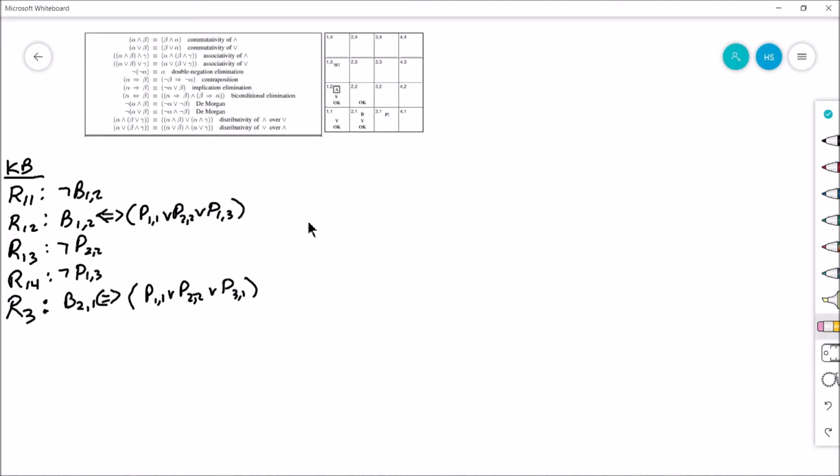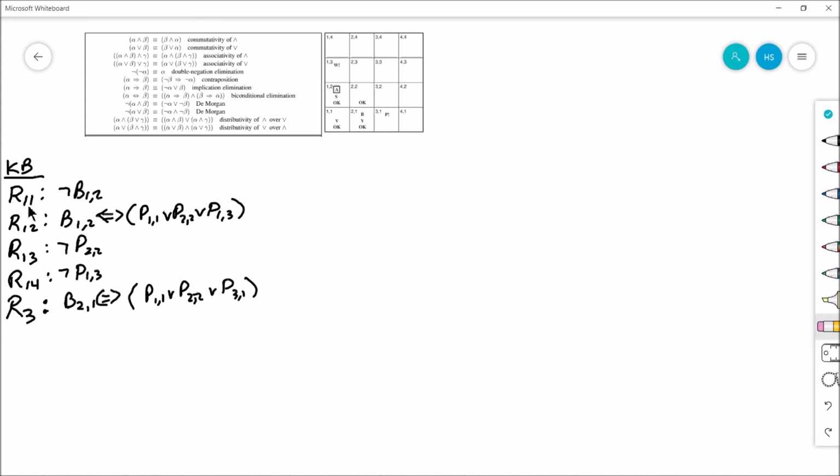All right, so time for another example. We've got our table of logical equivalences up there, and I added next to it a picture of a scene from Wumpus World where the agent moved to square 1,2 and detected a stench, but did not detect a breeze.